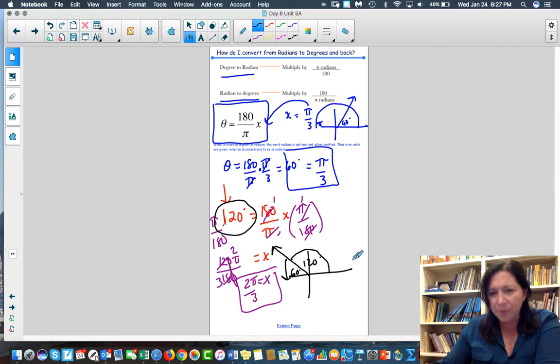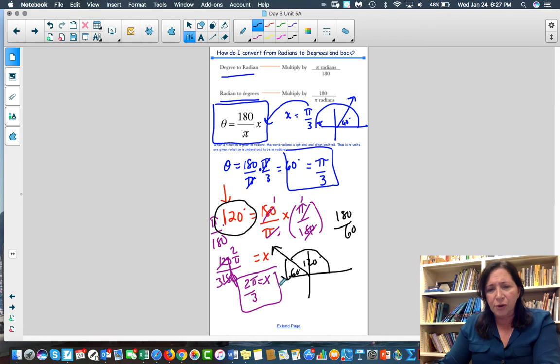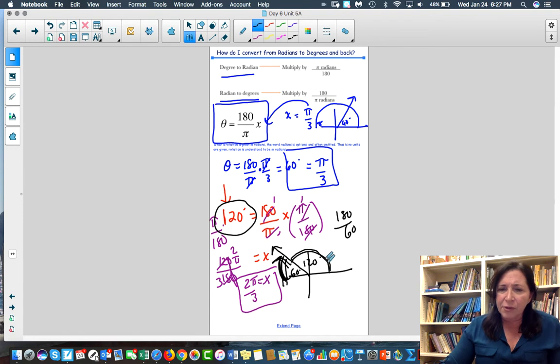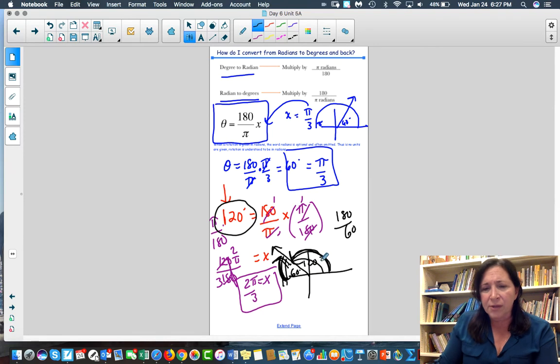My reference angle is 60 degrees, and 60 divides into 180, so 180 divided by 60 is 3. That means I am a third of the way from here to here. From pi to here, I'm a third of the way, which means this whole distance is 2/3 of the way there. So that would be 2/3 pi, which is what I got.